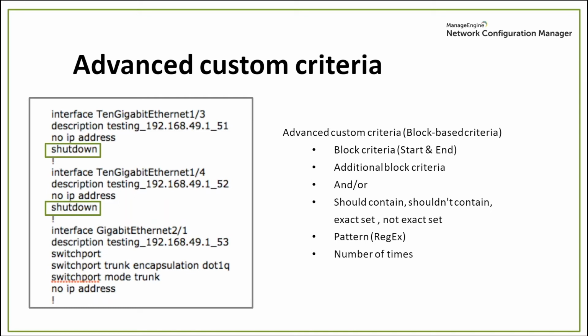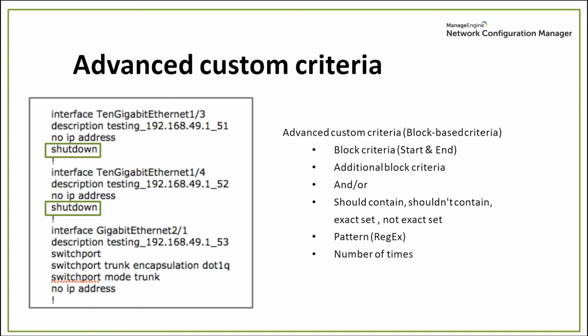For example, here we can say, let's identify the block start as interface and the block end as exclamatory. Usually in a configuration file, an interface starts with the word interface and ends with an exclamatory. So we have defined in NCM that if a block starts with interface and ends with exclamatory, then consider that block for your compliance check.